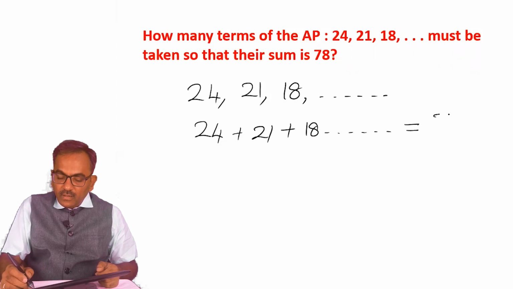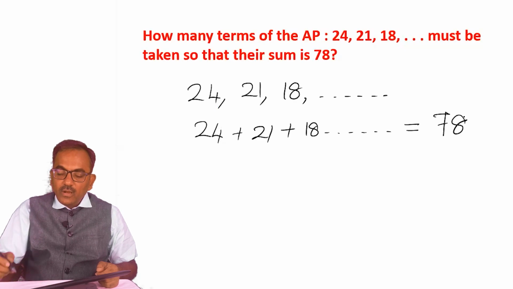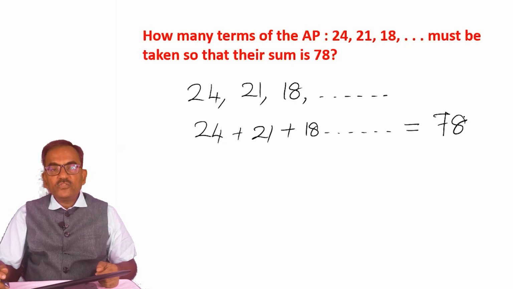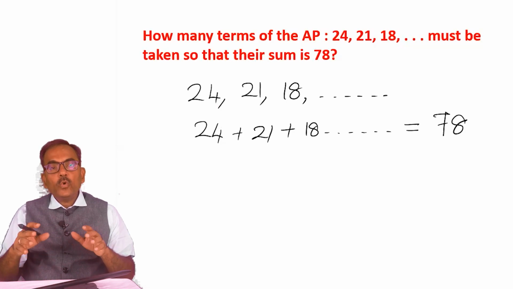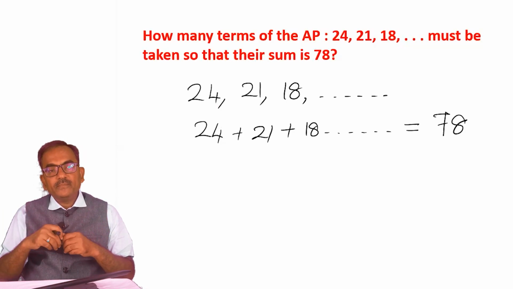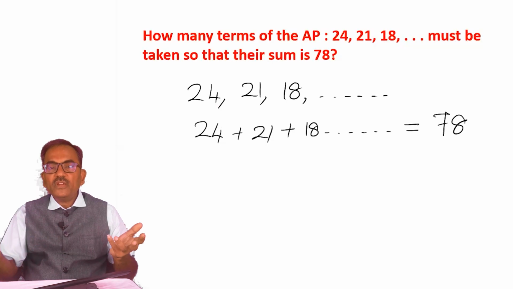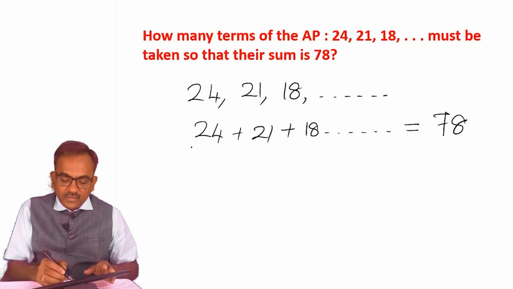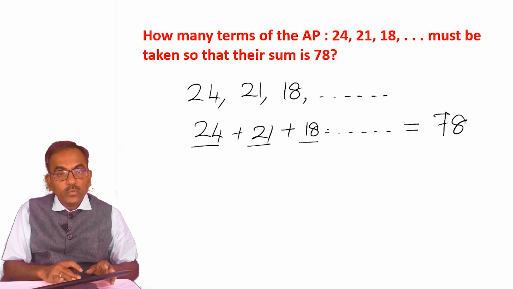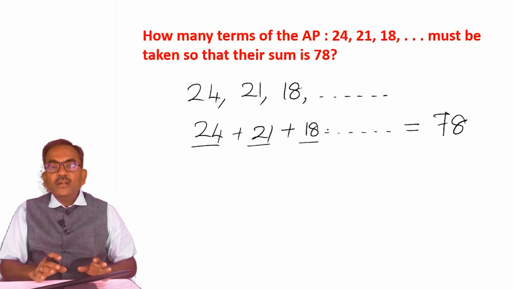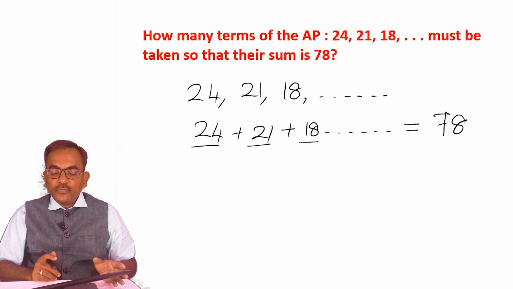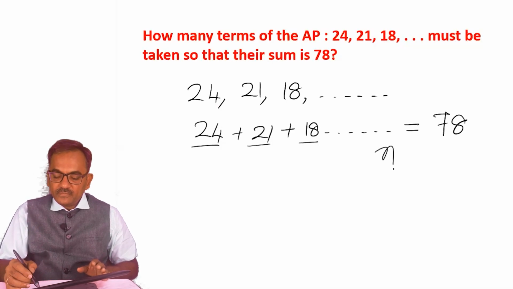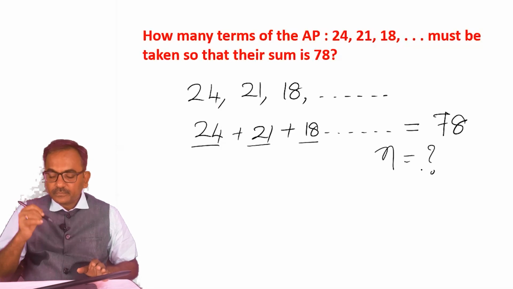Then how many terms of this AP are to be added together in order to obtain 78 as the sum? Here the terms are given and we do not know to what extent we are taking the terms in order to make 78. Therefore, the unknown is n.